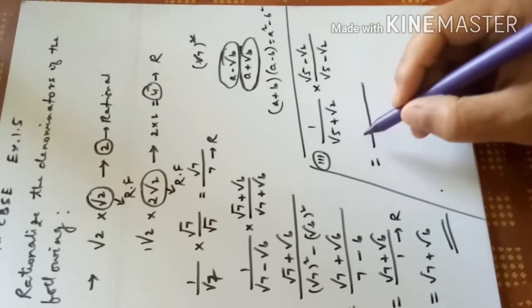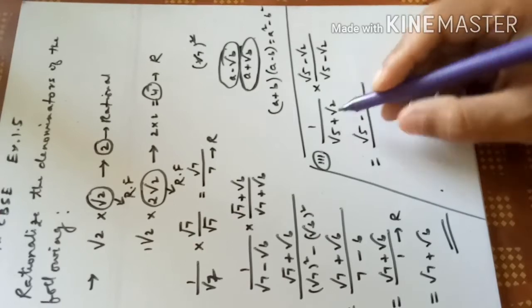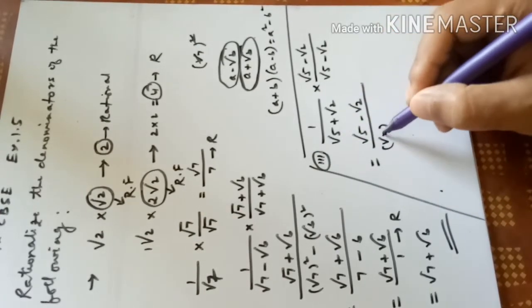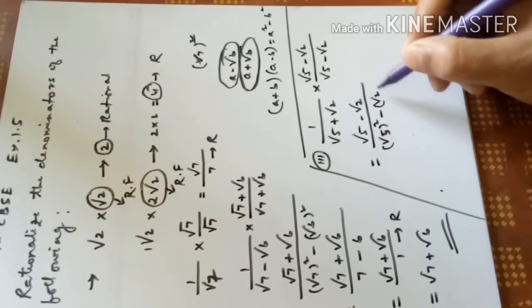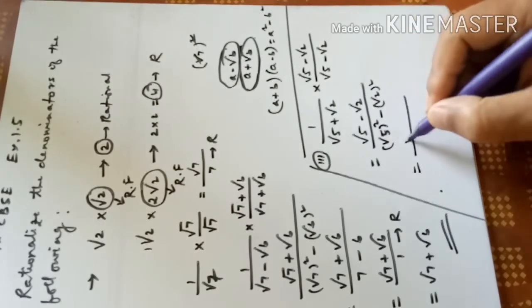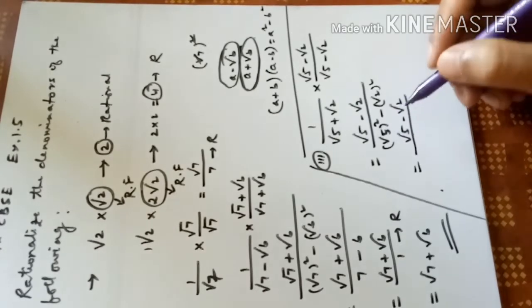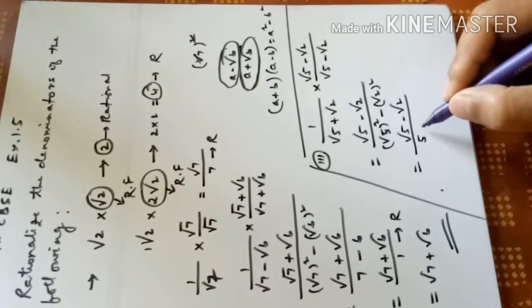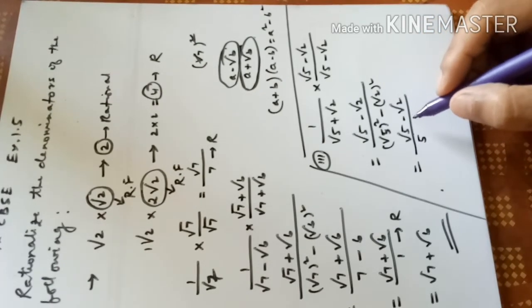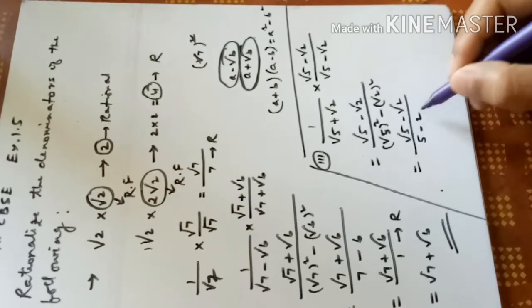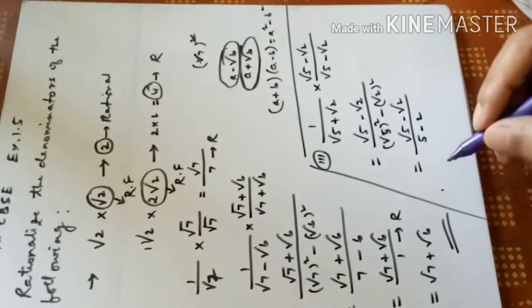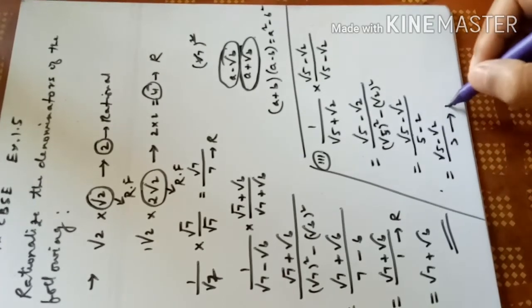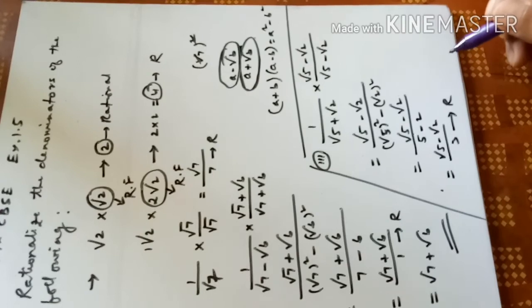Any number multiplied with 1 gives the same number, root 5 minus root 2, and now the denominator is in the form a plus b times a minus b, so a squared minus b squared. Root 5 minus root 2 we can't simplify, but root 5 squared is 5 and root 2 squared is 2. Now the answer is root 5 minus root 2 by 3. Now the denominator 3 becomes rational. This is called rationalizing.